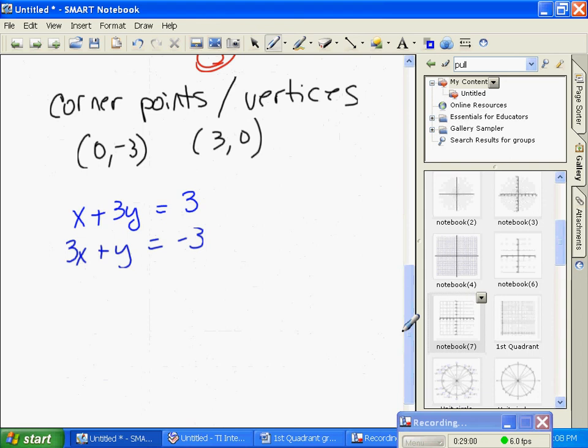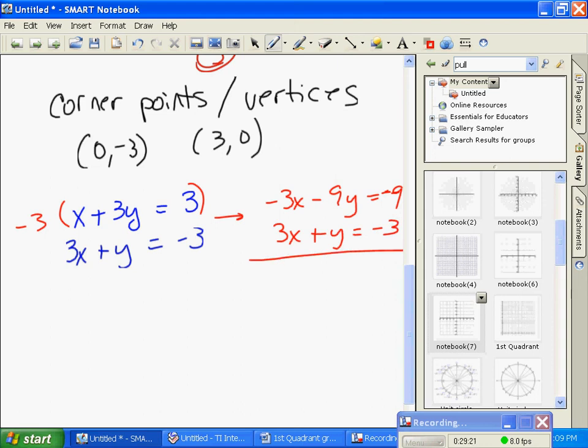Okay, so we just have to decide what we want to eliminate. I'm going to take the top equation and multiply it by -3 to eliminate the x's. So I get -3x minus 9y equal to -9, and then I have 3x plus y equal to -3.